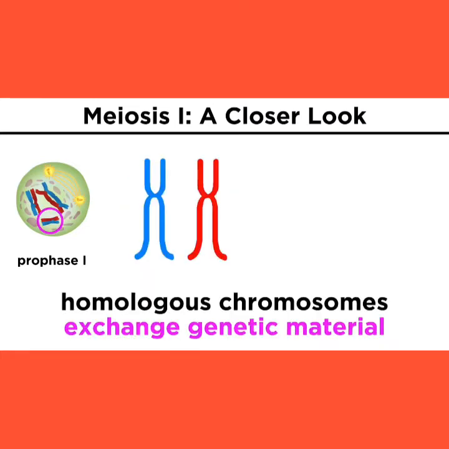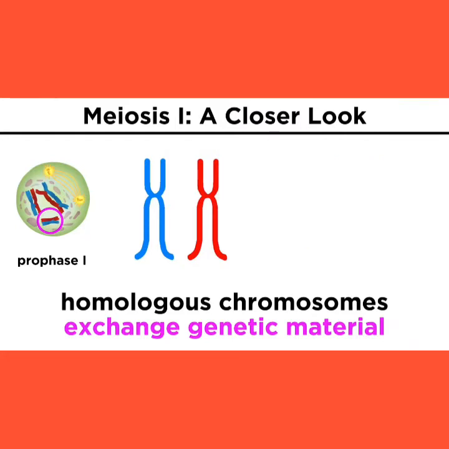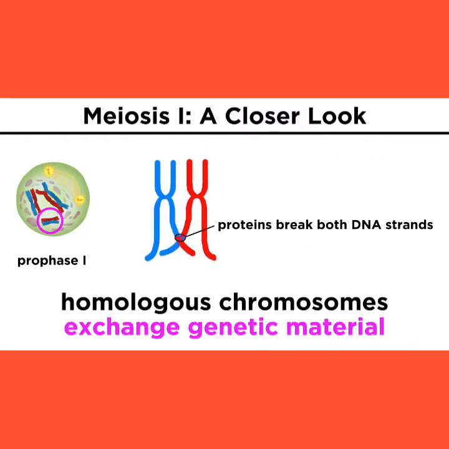In prophase I, each chromosome already duplicated exchanges information with the homologue, which is a process called crossing over. This begins when certain proteins break apart the DNA of 2 non-sister chromatids at exactly the same location.